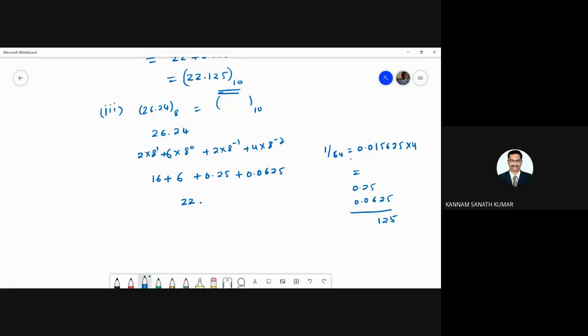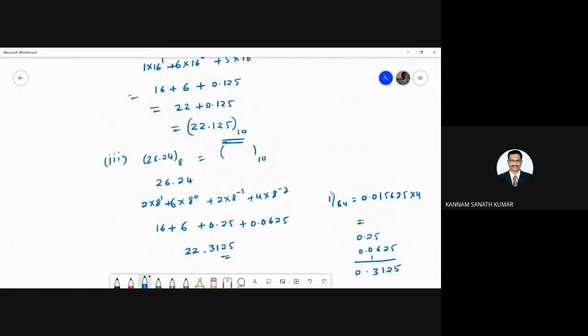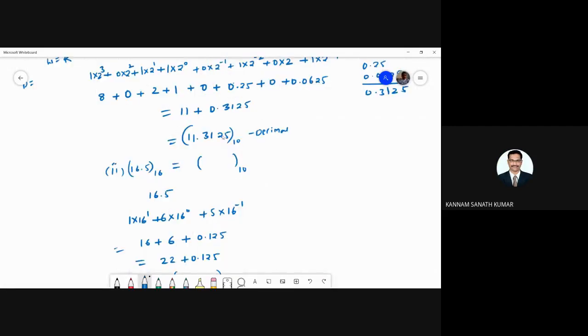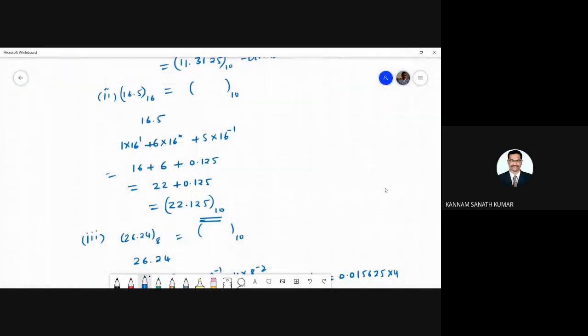So you will get the same value, 0.3125. I think here also you should get 22.3125. Yes, sir. So in the binary also you got 0.3125.